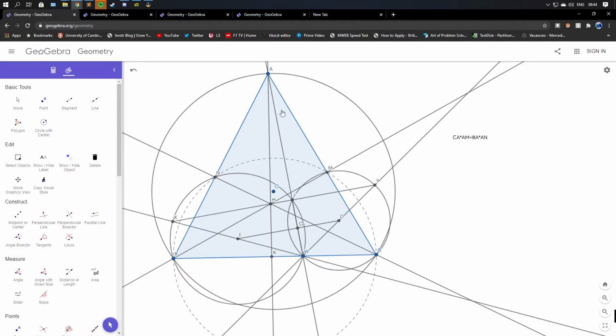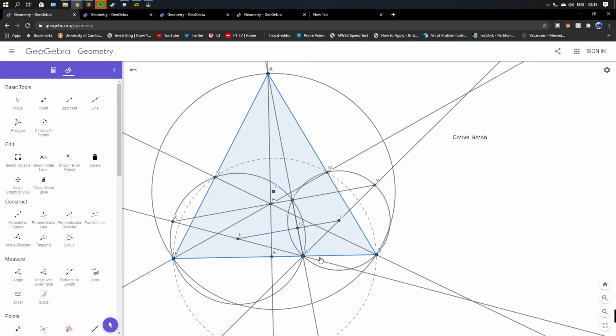But we also know that A lies on the radical axis of this dashed circle and the circle on the right, which is omega 2. But it also lies on the radical axis of this dashed circle and this circle here, which is omega 1, which means the power of point A with respect to the dashed circle is the power of point A with respect to omega 1, as well as the power of point A with respect to omega 2, which means that the power of point A with respect to omega 1 and omega 2 is the same, which means it lies on the radical axis of omega 1 and omega 2.